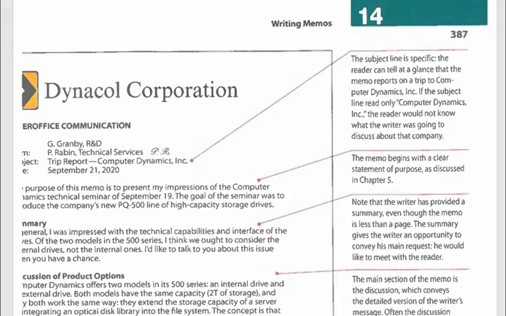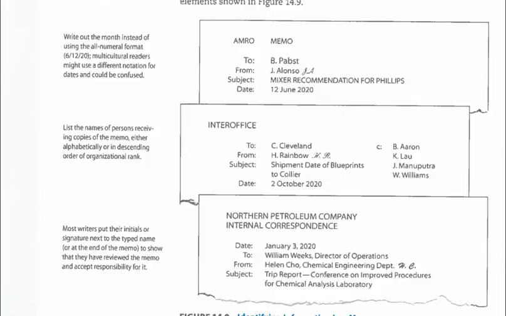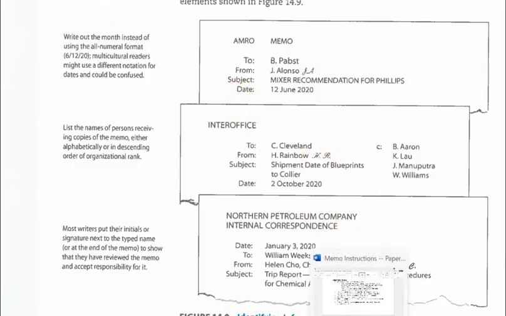You can also look at page 385 of your textbook, and you will notice it goes into a lot more detail about what those 4 lines of the heading should look like. So please remember that what the memo headings look like in the book is exactly what your memo heading should look like in your own business memorandum.